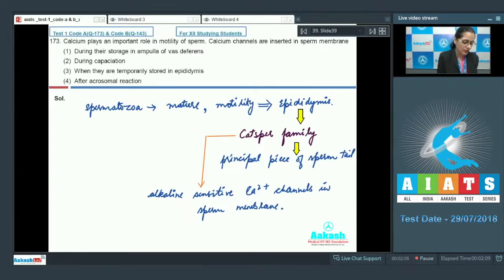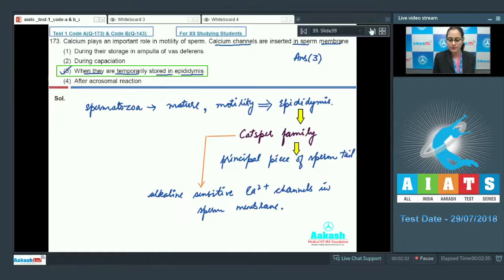So, according to the question which says that calcium channels are inserted in sperm membrane, option number 3, that is when they are temporarily stored in epididymis. So, the correct option is option number 3. I hope the solution is clear to you. Let's move on to the next question.